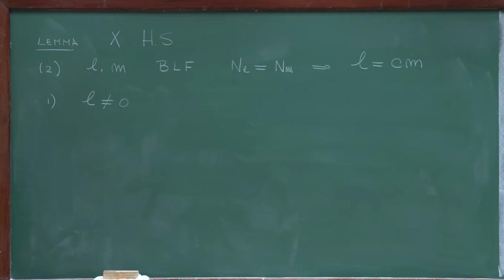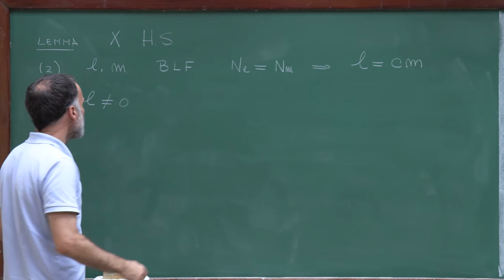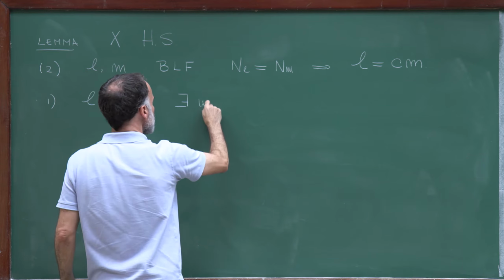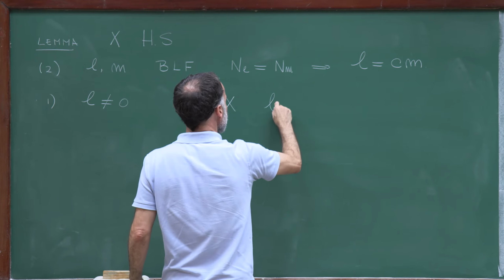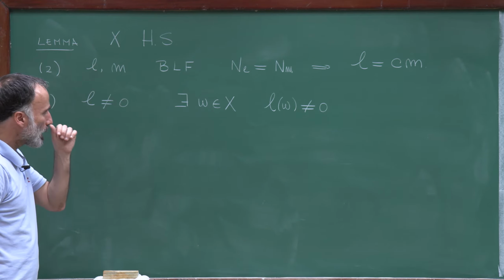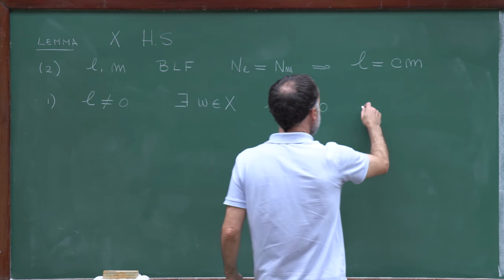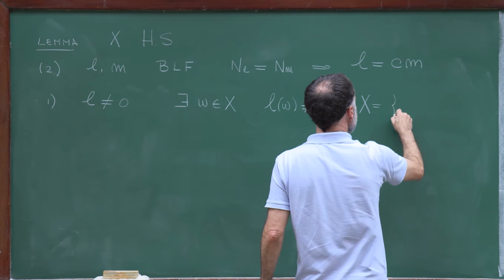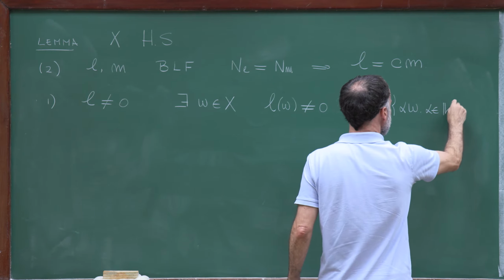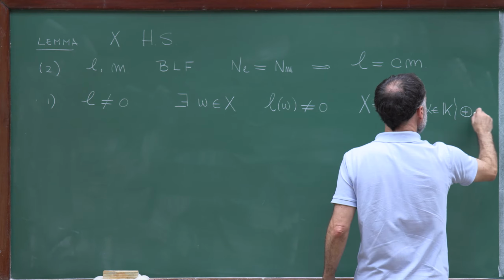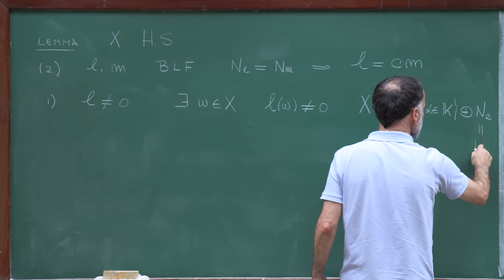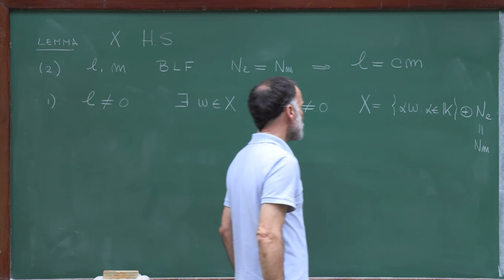Let's recall the proof of the first claim of this lemma. Since L is different from 0, there exists a W in X such that L of W is different from 0. And moreover, X can be written as the space spanned by W plus the null space of L. But the null space of L coincides with the null space of M by assumption.